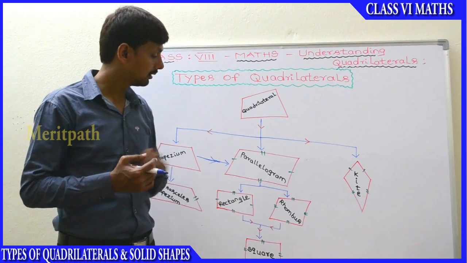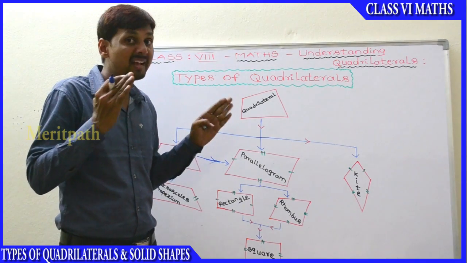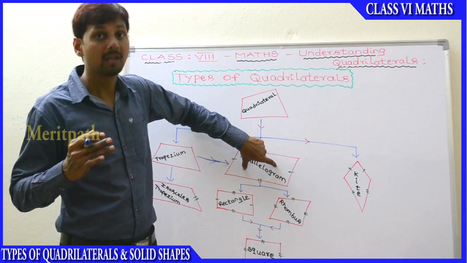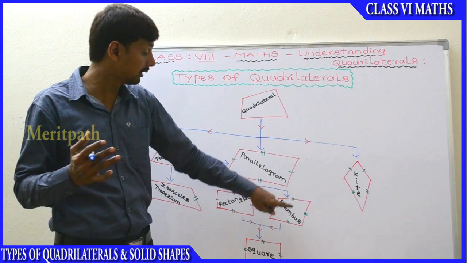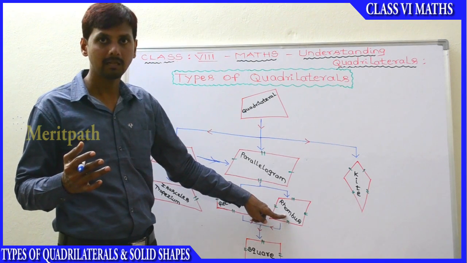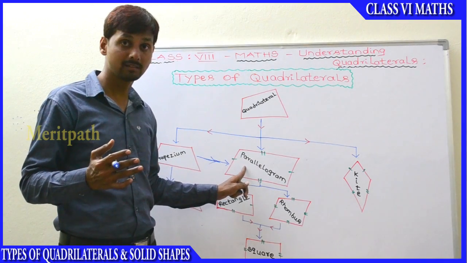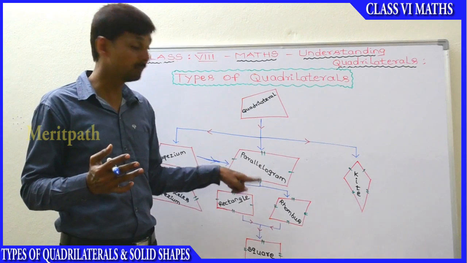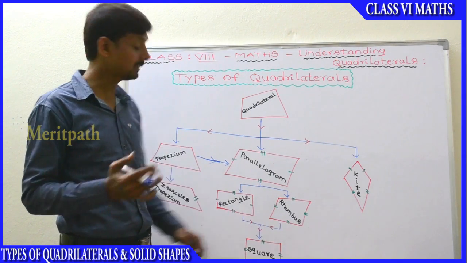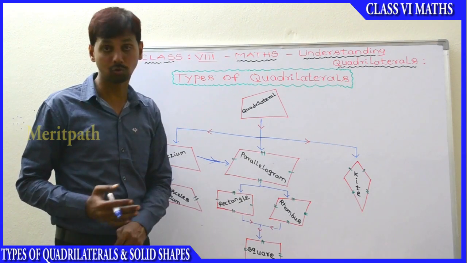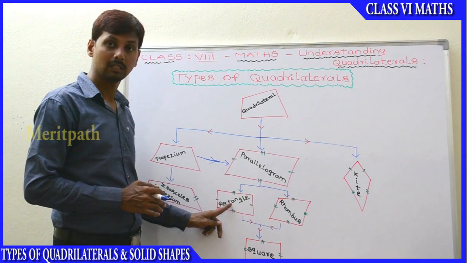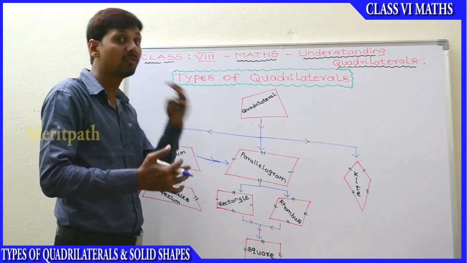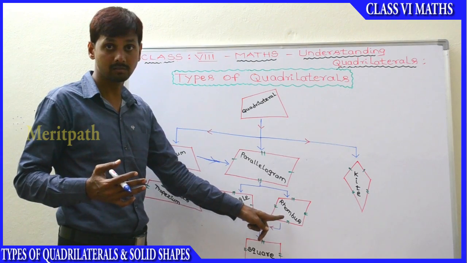And if all the sides of a parallelogram are equal, not only the opposite sides, all the sides become equal, it becomes a rhombus. And we can connect from the rectangle to the rhombus also. If all the sides of a rectangle are equal, it becomes a rhombus.